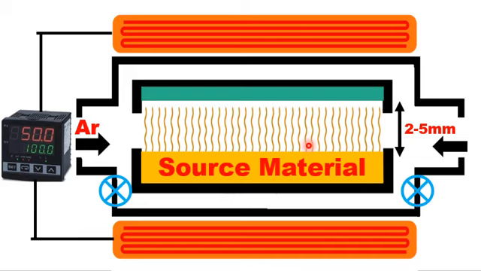And then the source material, in the form of gaseous molecules, will be transported through a transportation gas onto the surface of the substrate, and as a result, at the end of the day, you will get a condensed solid thin film deposited with the help of the closed space sublimation system.